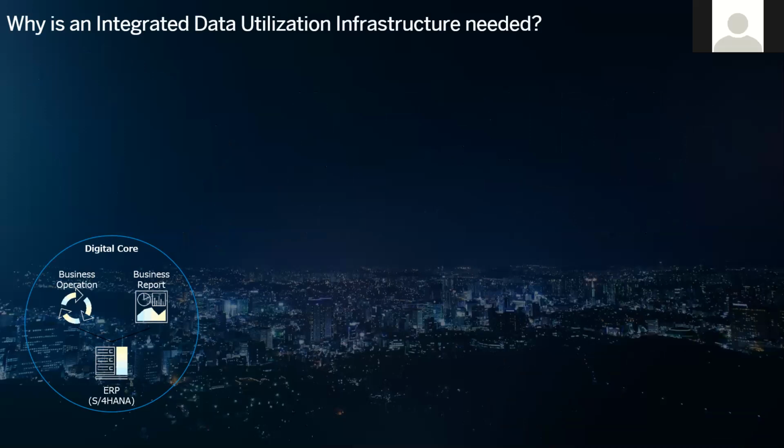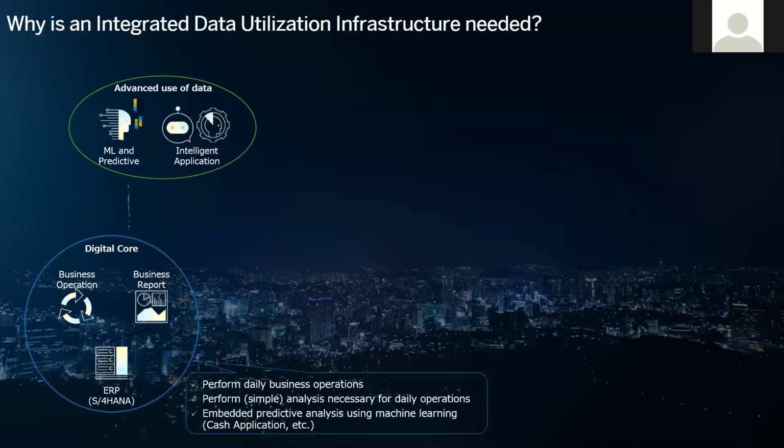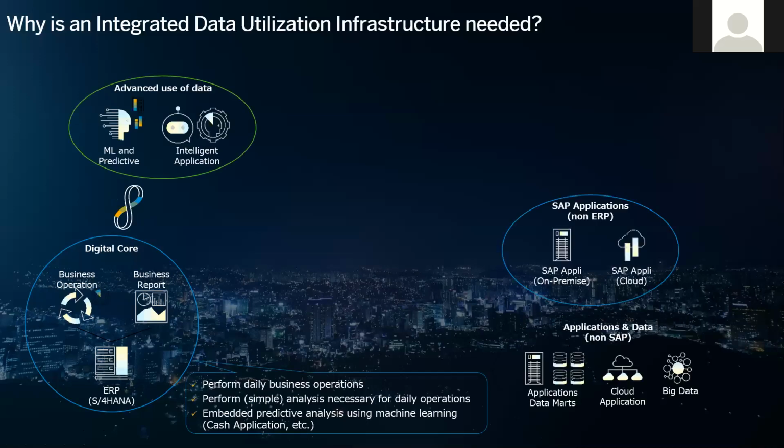Now, in your normal organization, you would have your core systems, which is your ERP system. In this case, let's say S4HANA, right? Or you could also have an ERP system that is not an SAP system. And you can have other applications that are SAP and non-SAP, but you still get data from those applications.